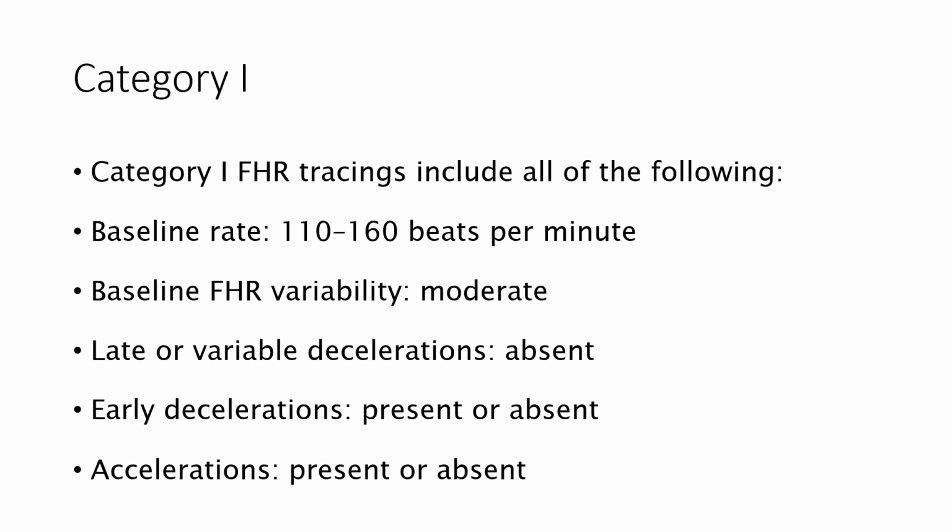So the normal tracing, you're gonna have a baseline rate of 110 to 160, moderate variability. The early deceleration is gonna be present or absent, because we said that early deceleration has no pathological significance. The late or variable decelerations, they're gonna be absent. The accelerations, they're gonna be present or absent.